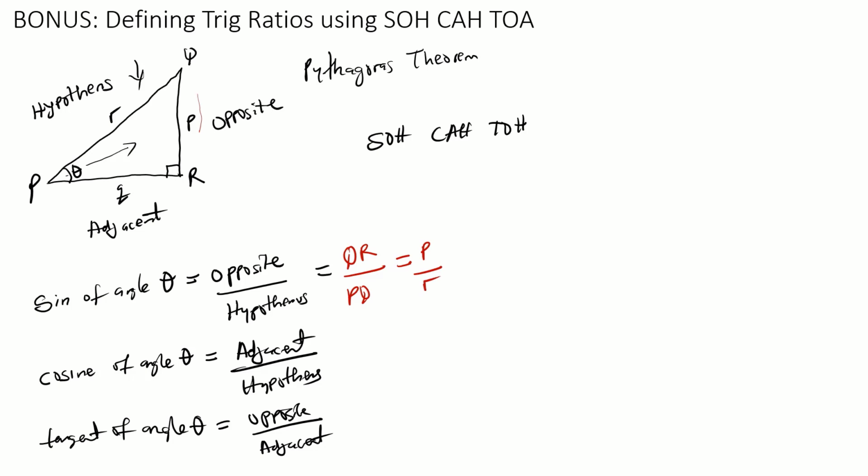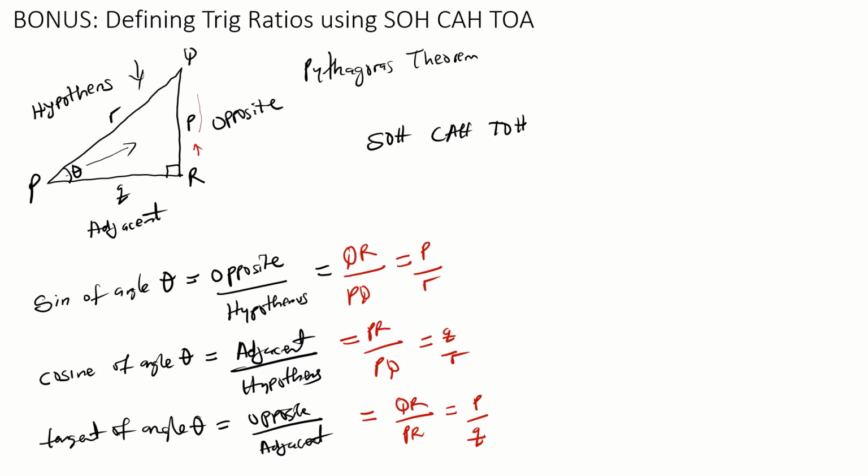Whatever the angle is facing is the opposite, and the longest side is the hypotenuse. To get the cosine, that's the adjacent over hypotenuse. According to this triangle, the adjacent is PR over hypotenuse PQ, and that is Q over R. The tangent is opposite over adjacent: QR over PR, and this equals P over Q. So we now have our sine, cosine, and tan.